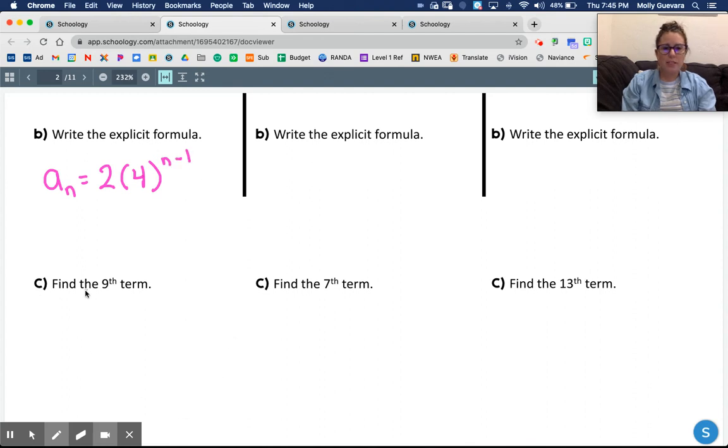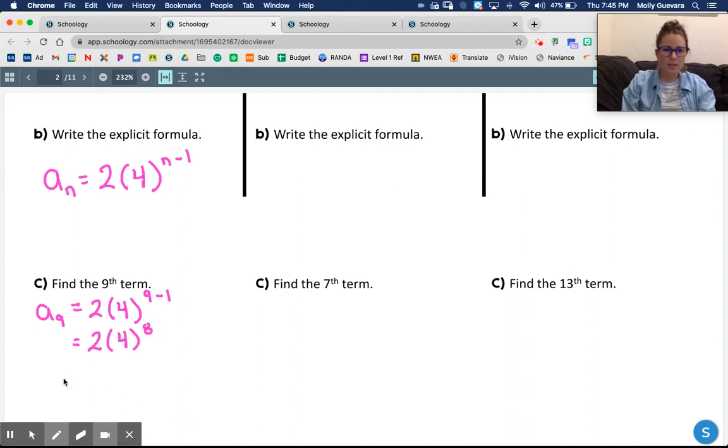Okay, and then part C says find the ninth term. So I want to plug in 9. So I have a sub 9, the ninth number in this sequence, is equal to 2 times 4 to the 9 minus 1. So I just simplify, that gives me 2 times 4 to the 8th.